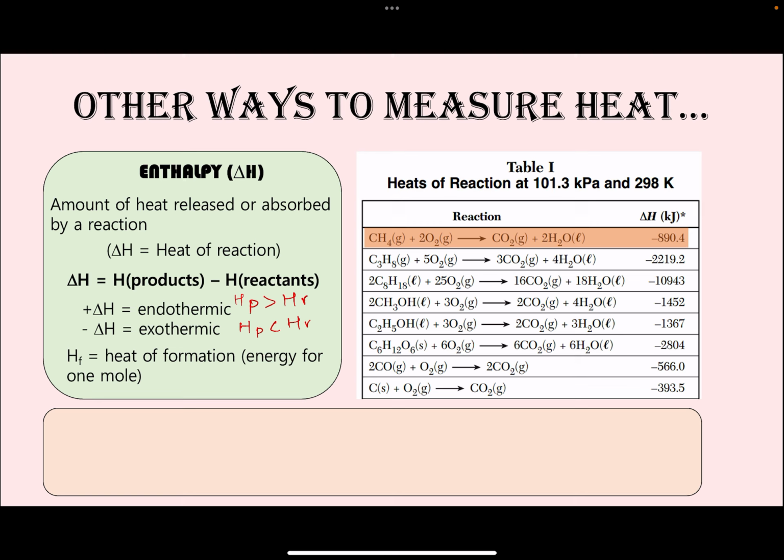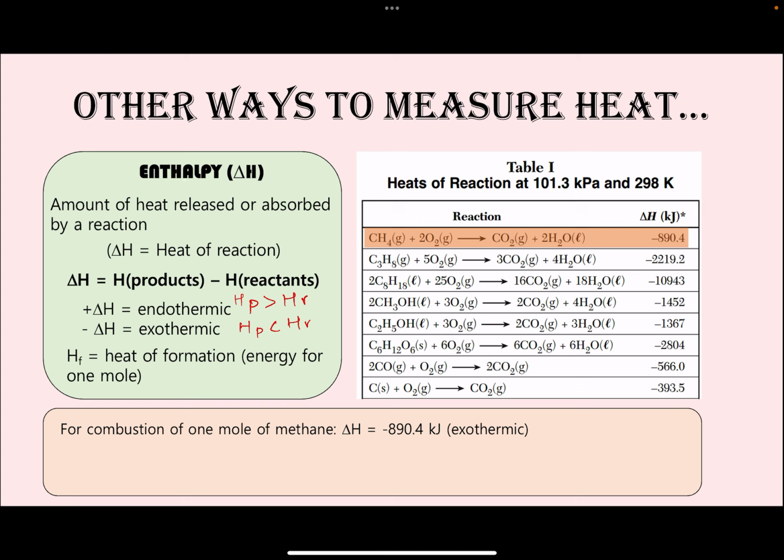Heat of formation is another term that we can use for delta H or for the heat of reaction, which is basically the energy it takes to perform this reaction with 1 mole of the substance.